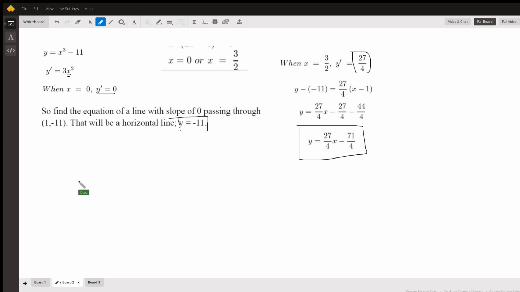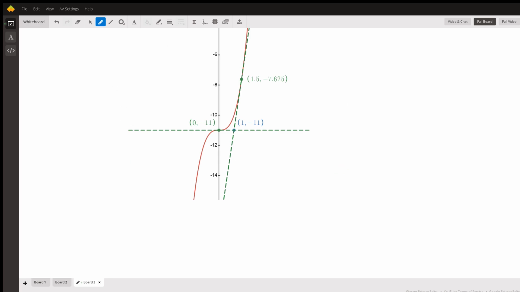So here is a graph depicting the situation. This red graph is the graph of y equals x cubed minus 11. We know that when x is 0, we will have a tangent line to that curve that also passes through (1, -11).